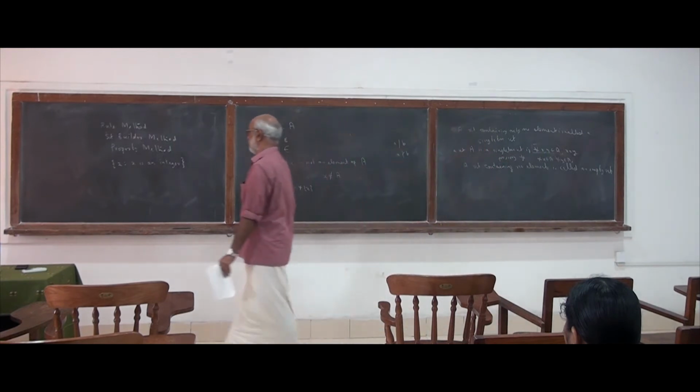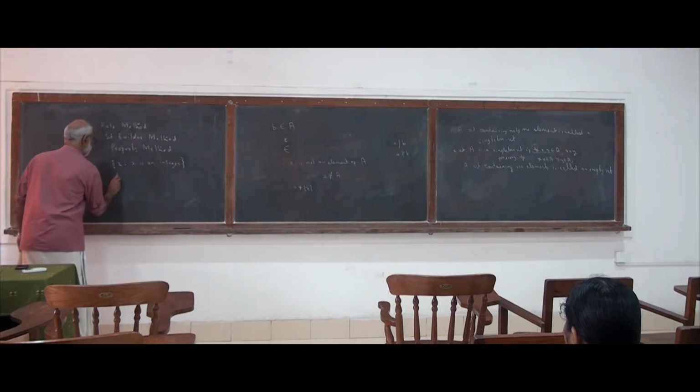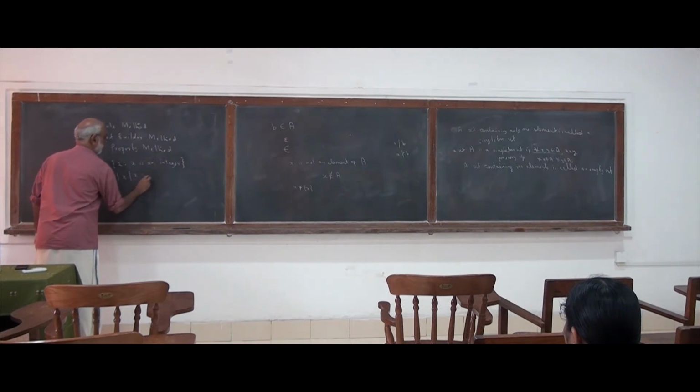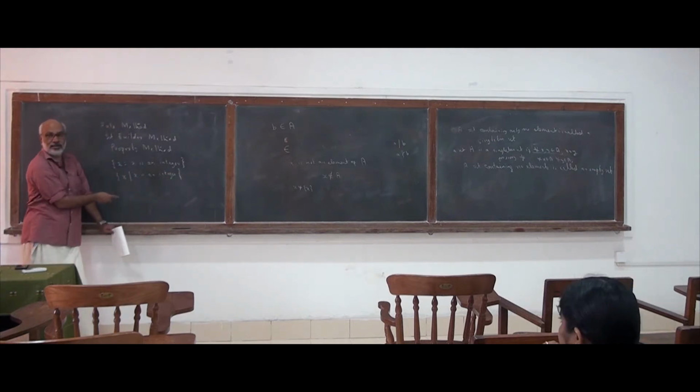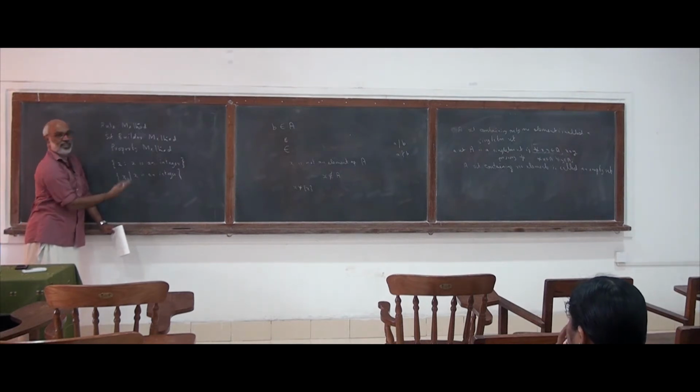And sometimes people use x, then a vertical line, then x is an integer. This vertical line can be read as such that: set of all x such that x is an integer.